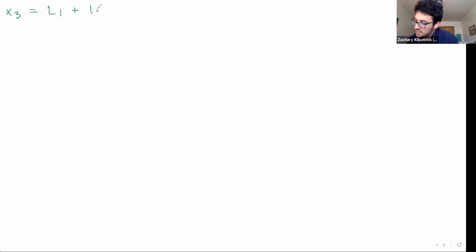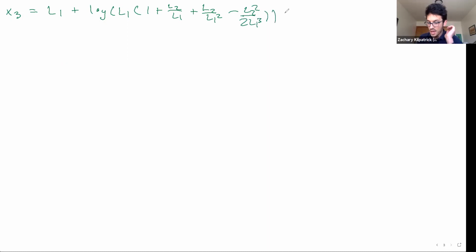So I get L1 plus log of L1 times 1 plus L2 over L1 plus L2 over L1 squared minus L2 squared over 2L1 cubed. Okay, so I sort of did the same thing as before and factored out that L1. So now again, I can get L1 plus L2, okay?